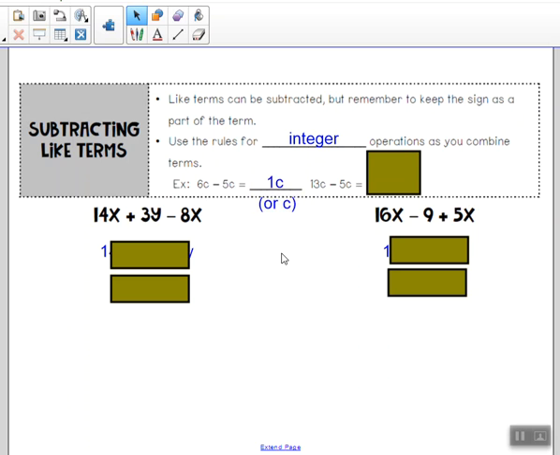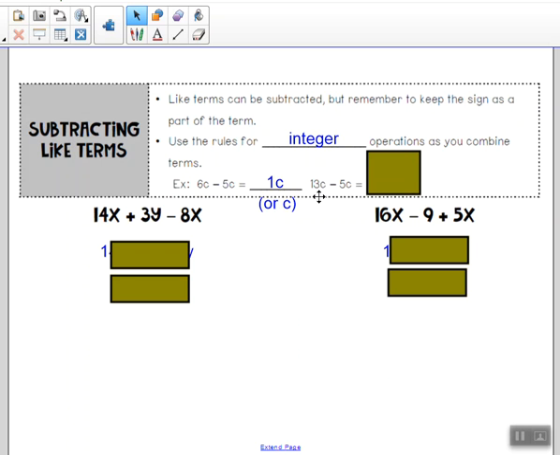But I keep the c attached. Now I can say 1c, or I can just say c, because think of it this way, 6 carrots minus 5 carrots. I'm left with 1 carrot, or just a carrot. If there's no coefficient, the assumption is that that's a 1 in front of it, and we're okay to write that or to not write the 1.